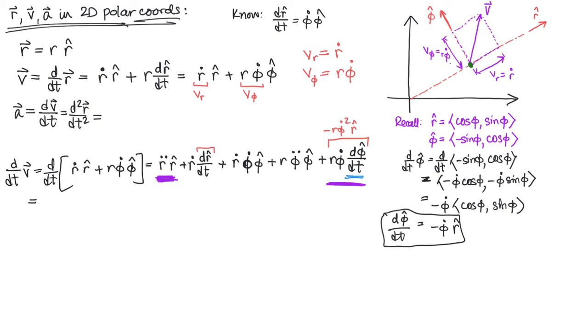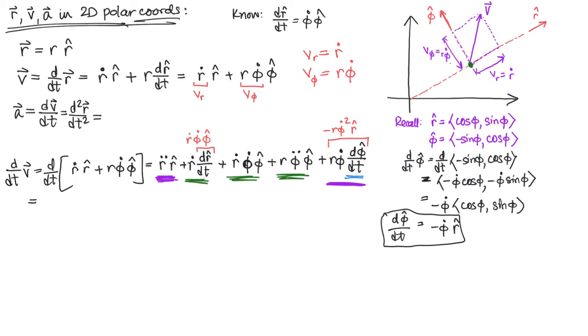How do we know that? Well, we also want to make use of the time derivative of r hat. So we can re-express this term here as r dot phi dot in the phi hat direction. So that means these three terms are all phi hat terms.